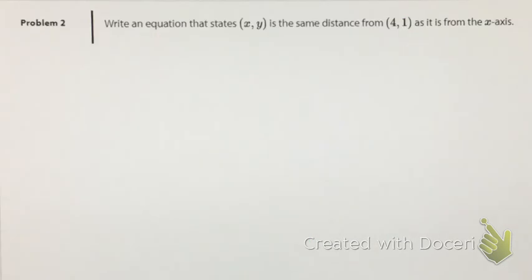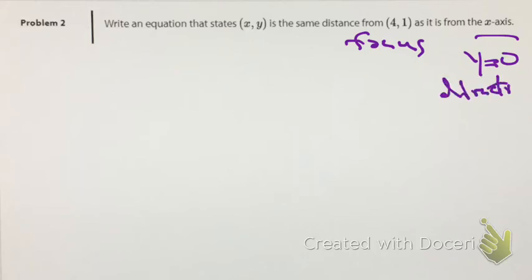So let's continue on here. I got about 3 minutes left in this video. Let's write an equation, because that's all they say. To write an equation that states that x and y at some point is the same distance from the focus point, 4, 1. It doesn't say that, but that's actually the focus right there. So we can just give it a name. And the x-axis, that's y equals 0. That's the directrix. All right.